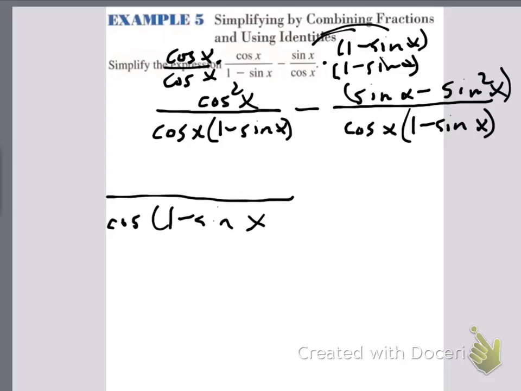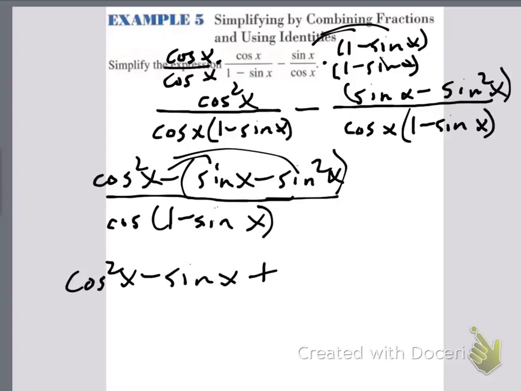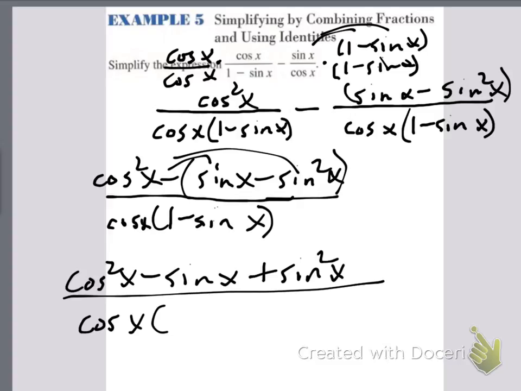I'm going to make this into one fraction, so I take the numerators and put them together. I have cosine squared x minus this whole thing. Now I'm going to take the negative and distribute, so I have cosine squared x minus sine x plus sine squared x over cosine x times 1 minus sine x.